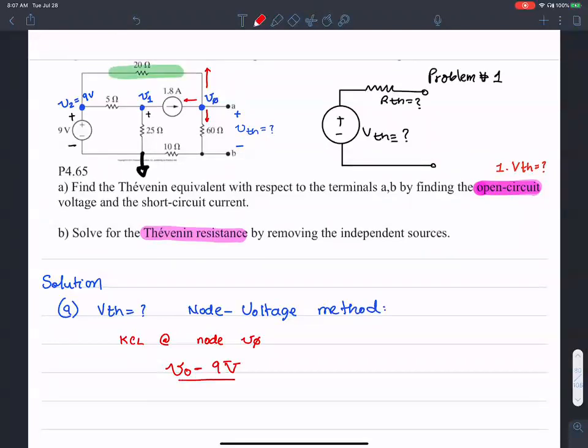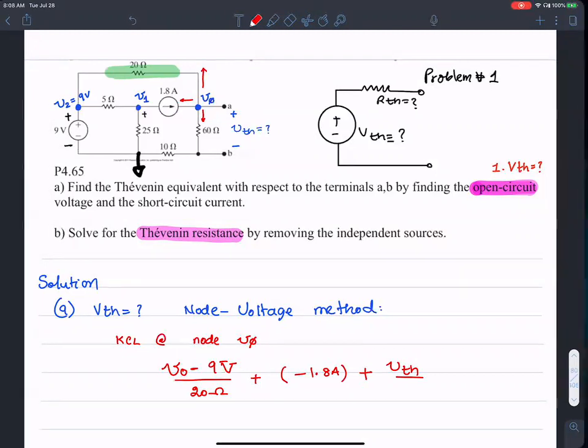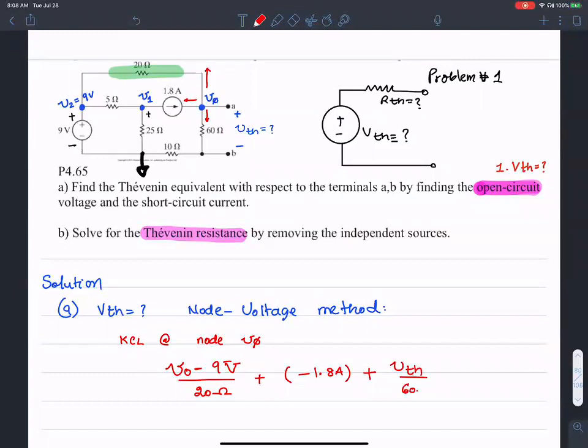Plus the current going west is negative 1.8 amperes, plus the current going south is V Thevenin by 60 ohms. All of this equals 0.